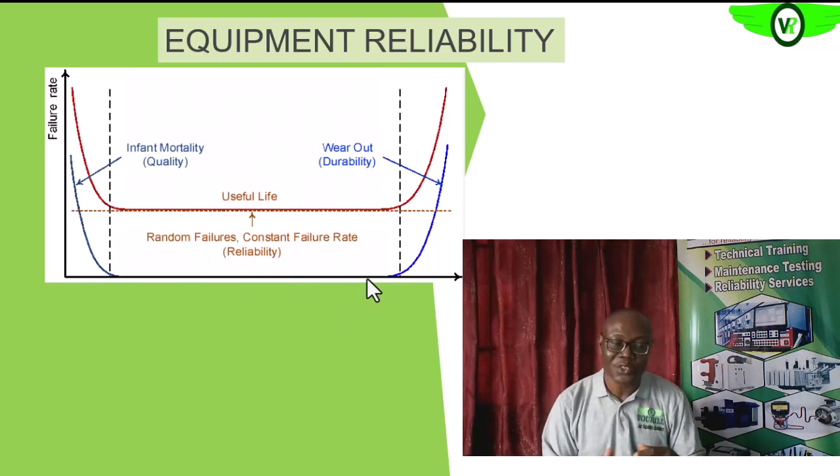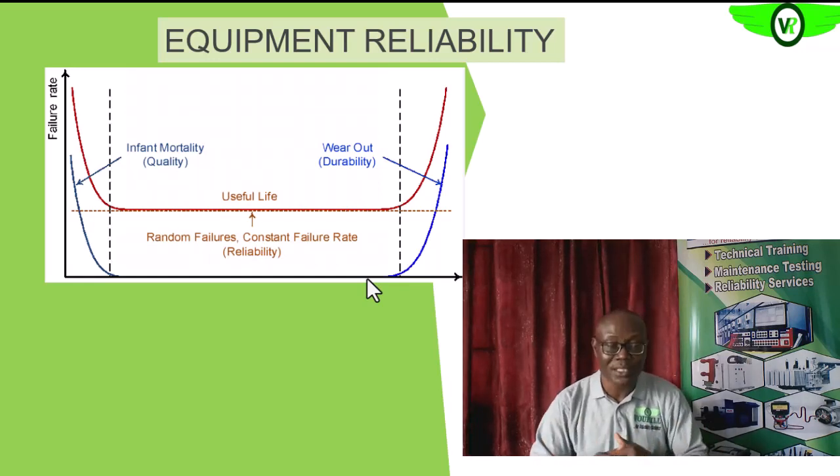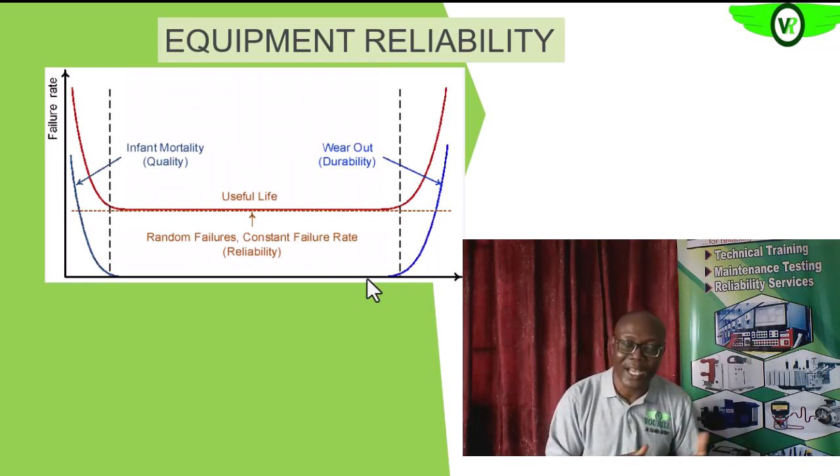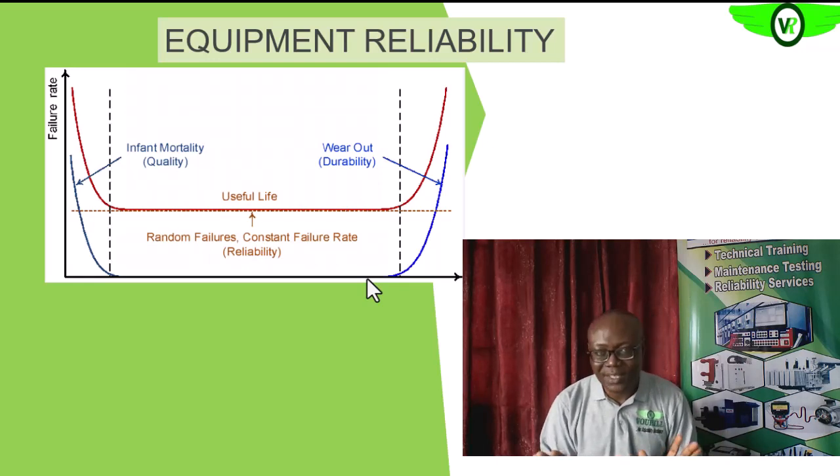Now if you look at it, you see that when the equipment is newly installed, the probability of failure is high. We want to ask, the equipment is newly maintained, it is new, how then will the probability of failure be high? There are several reasons. Remember, if it is a mechanical component, especially a rotating mechanical component, these components are new.